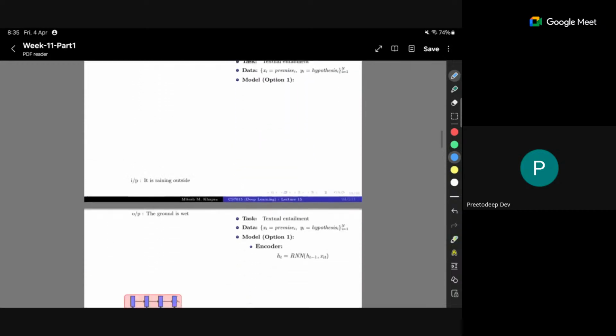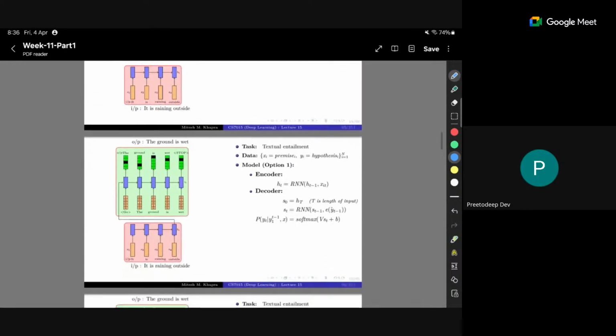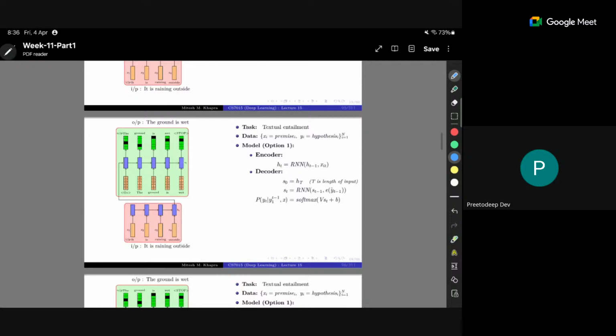So what you will do, you'll build one encoder. You are given "it is raining outside", and it will produce the last vector, which will comprise all the information passed to it till now. We'll give it as input to the decoder, and we'll say go. Right, so it will go, and it has started producing the output. I will feed it here.